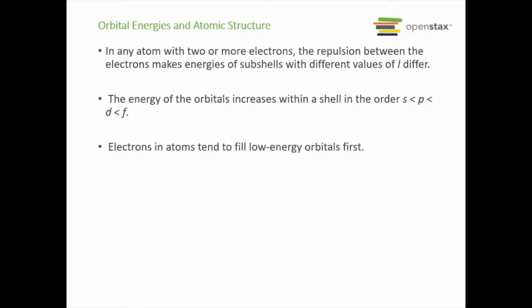Just because we're at n equals 2, now we have 2 l values, 0 and 1, we are still going up in energy. So s, l equals 0, is the lowest energy, then p, then d, then f. Electrons want to go generally to the lower energy orbitals first. They want to be nice and stable. Generally, things don't want to go to higher energies unless they have to.